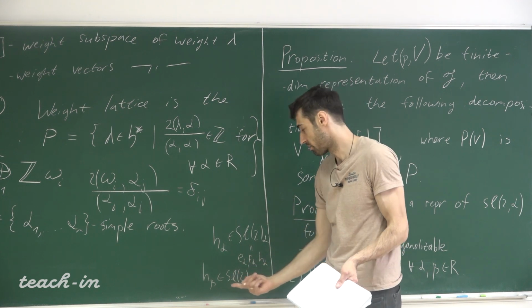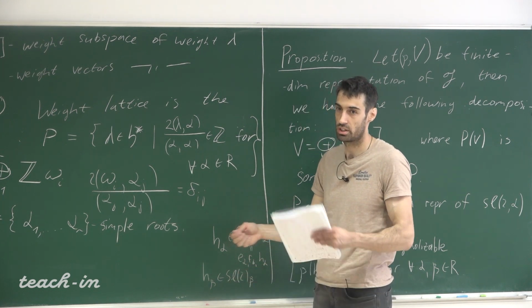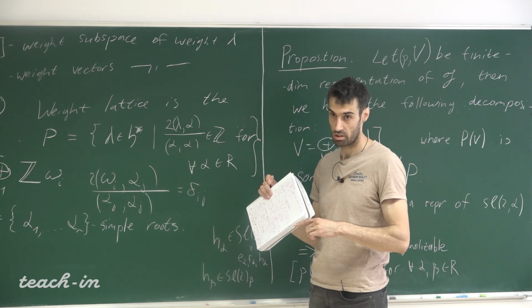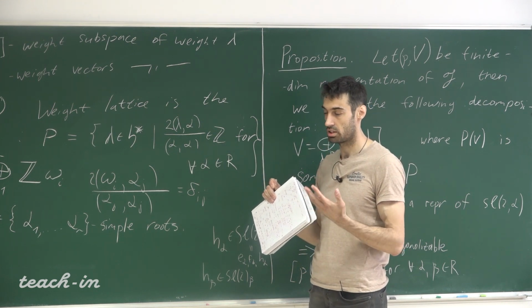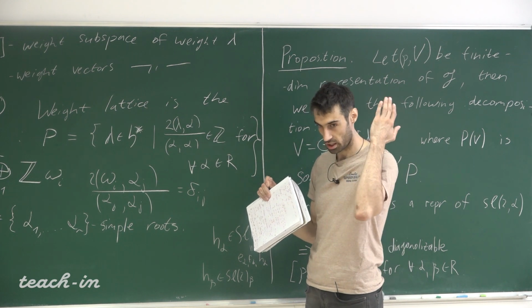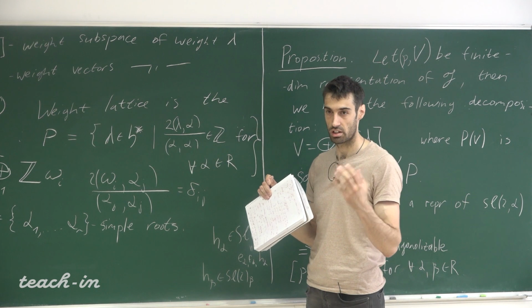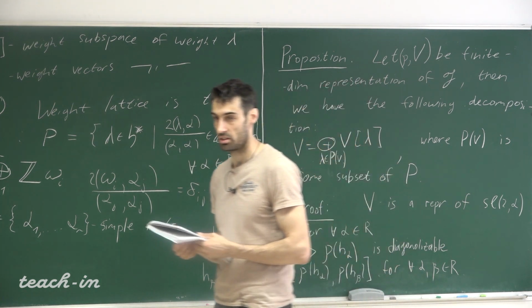But it is a statement of linear algebra that if I have a bunch of commuting diagonalizable linear operators, I can find a common basis that diagonalizes them.